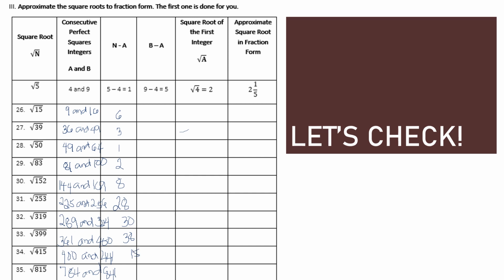And then 815 minus 784 is equal to 31. Those are our numerators. Let us subtract b minus a.